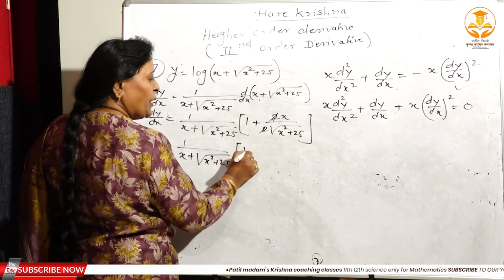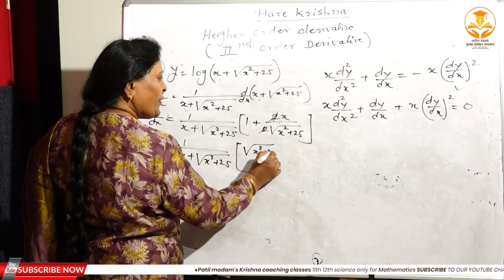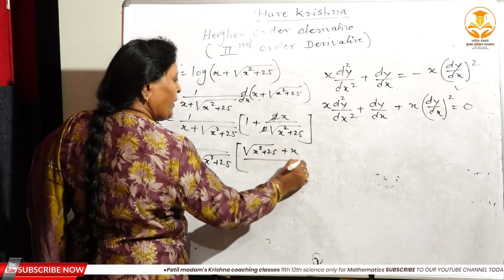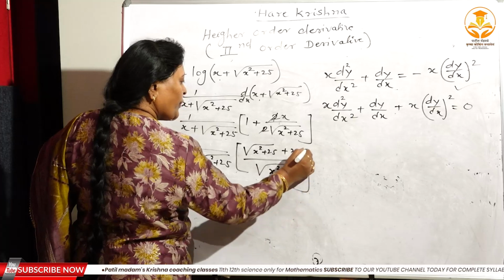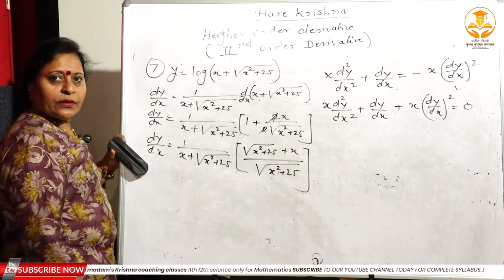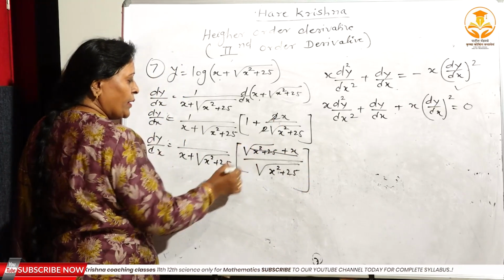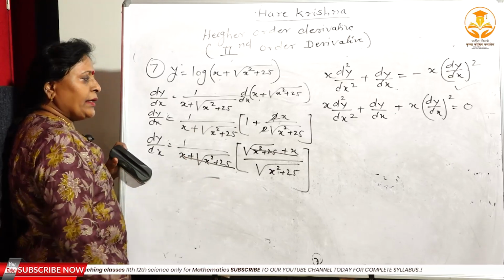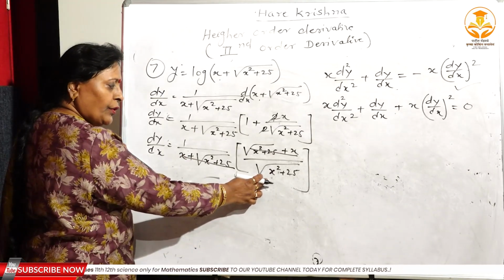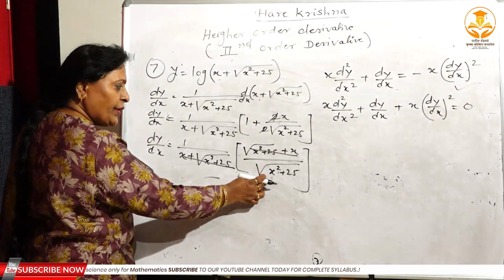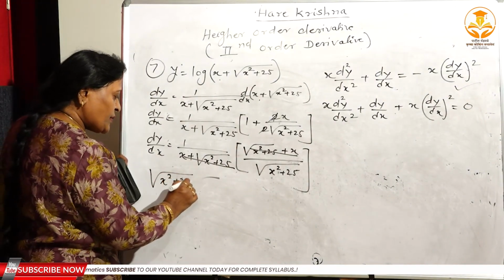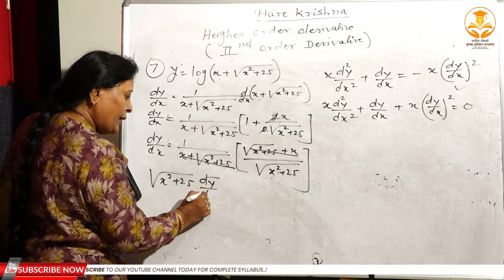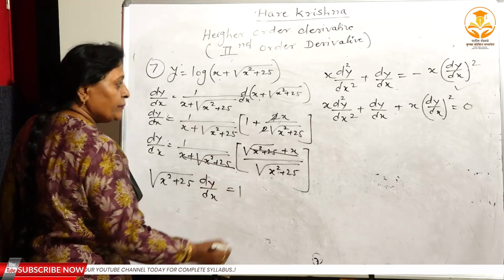Again, cross multiply. x square plus 25 plus x divided by root of x square plus 25. Again, if you observe this, the same term in the numerator and the denominator gets cancelled. And the term 1 upon root of x square plus 25, you can multiply here, and root of x square plus 25 into dy by dx is equal to 1.